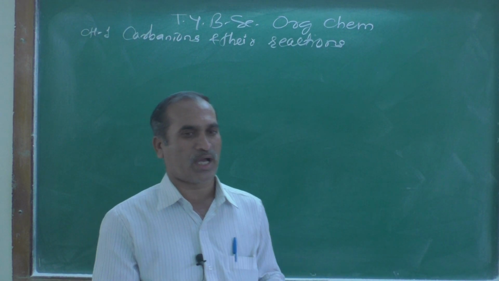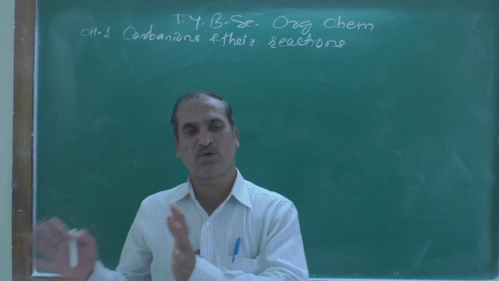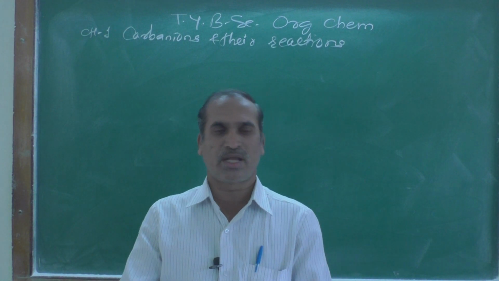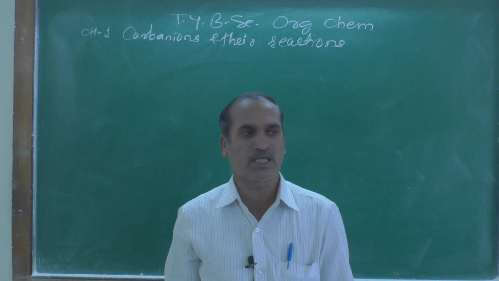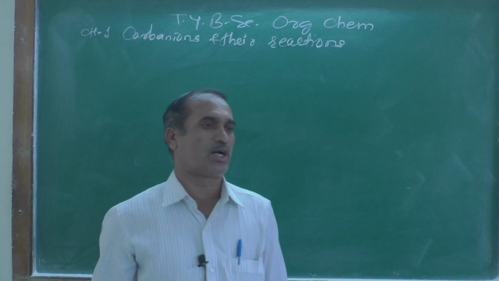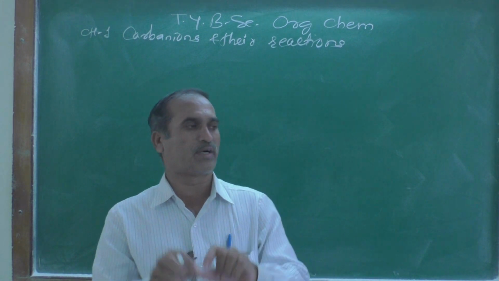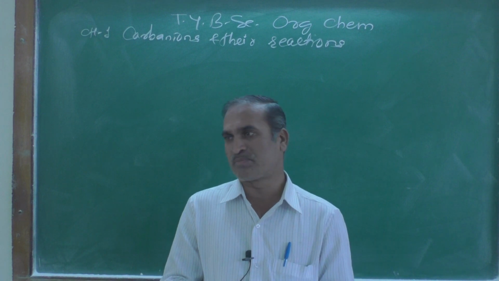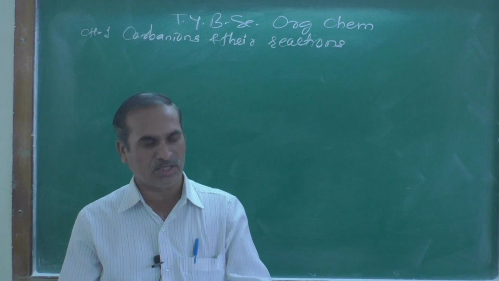We get aldol as the product, which is very unstable, and on heating there is elimination of a water molecule, resulting in an alpha beta unsaturated aldehyde or ketone, which is a very stable compound. The common name of the resulting compound is a chalcone. So that is what we have seen.